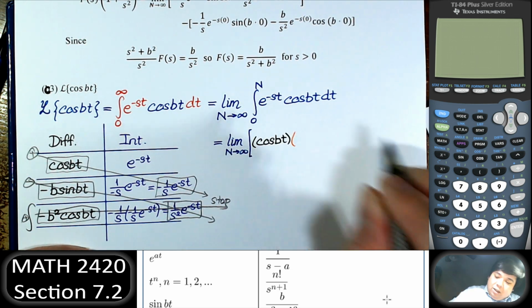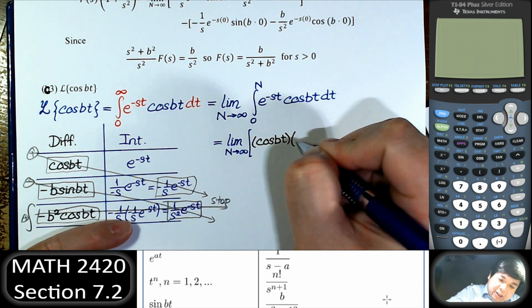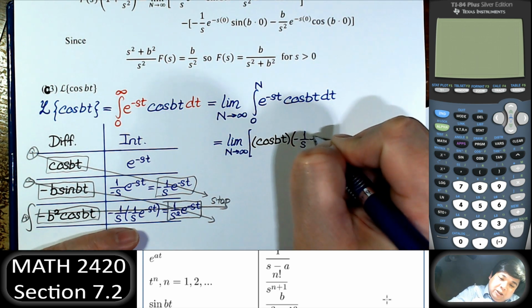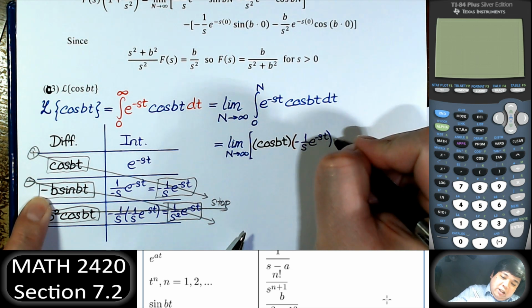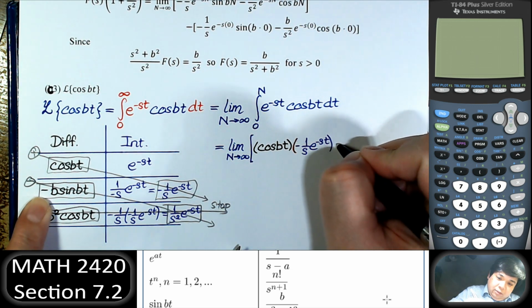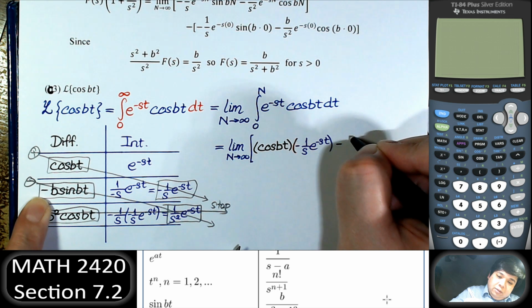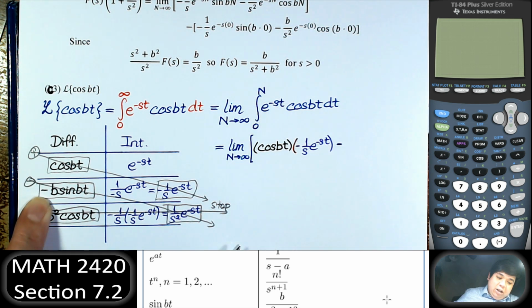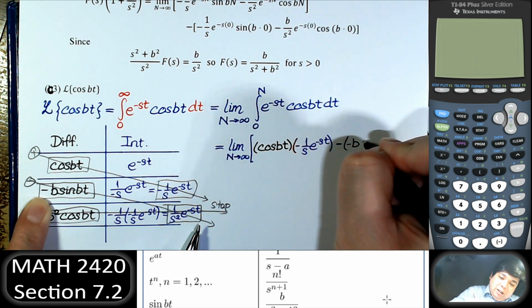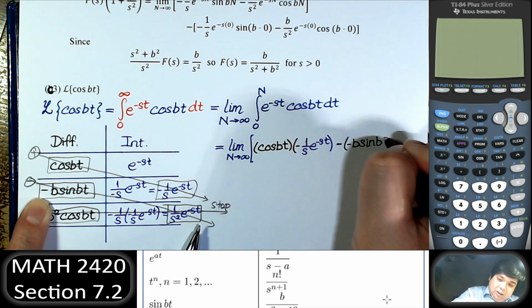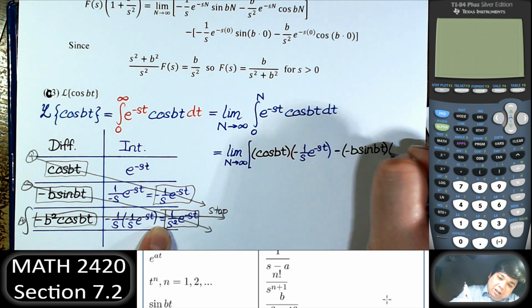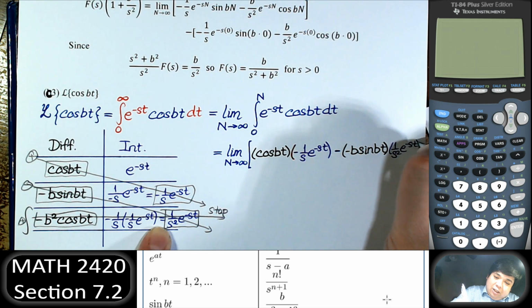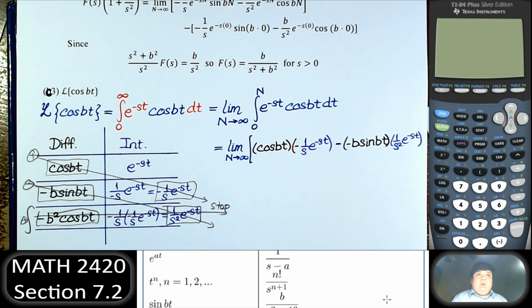Next will be subtract negative b sine bt and then 1 over s squared e to negative st. We cannot just do the diagonals and keep doing that.